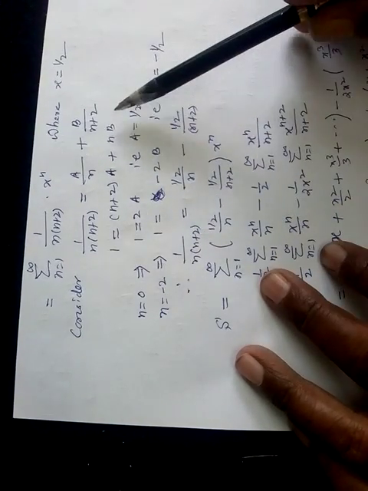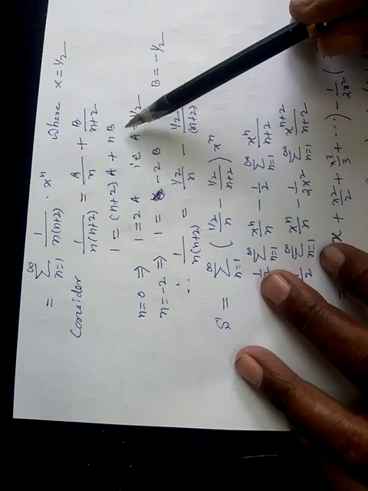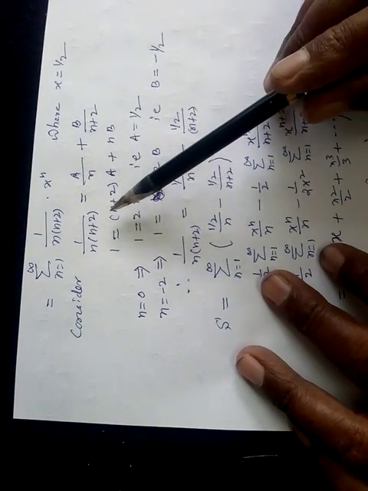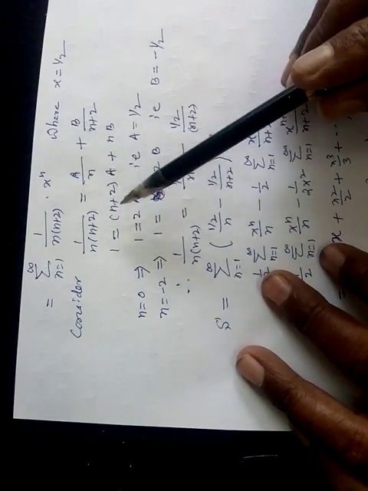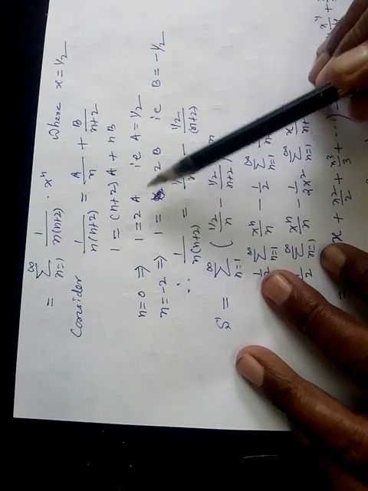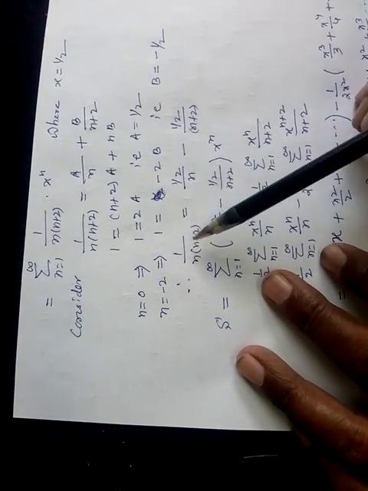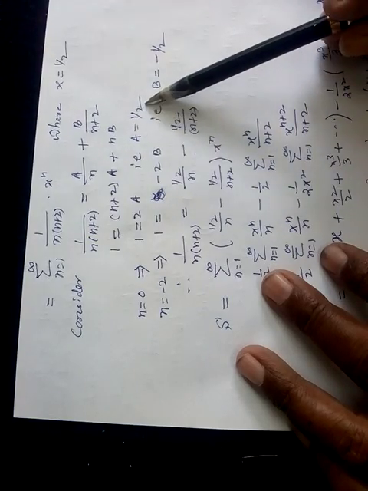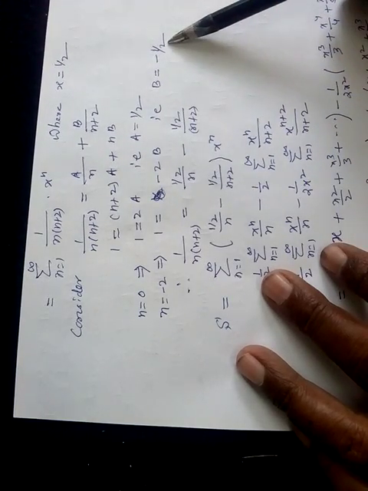You know how to find the partial fraction of any proper fraction. Clearly it is a proper fraction. Using the proper fraction method, you will consider the partial fraction of it, and you will find a and b. Here, finding a and b, you will get a is equal to plus 1 by 2 and b is equal to minus 1 by 2.